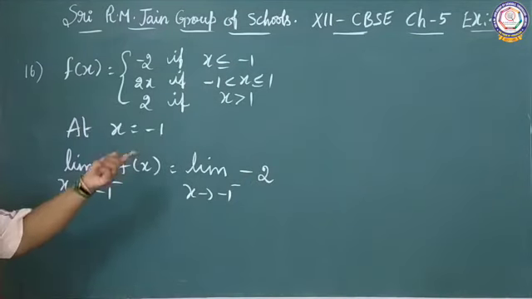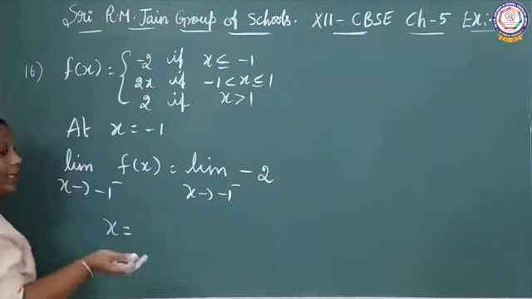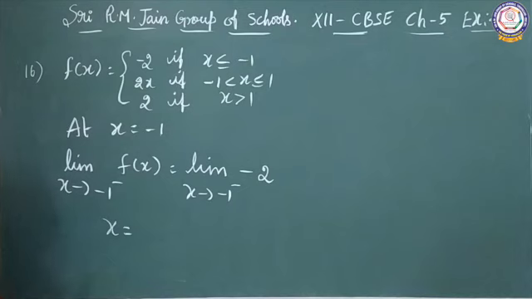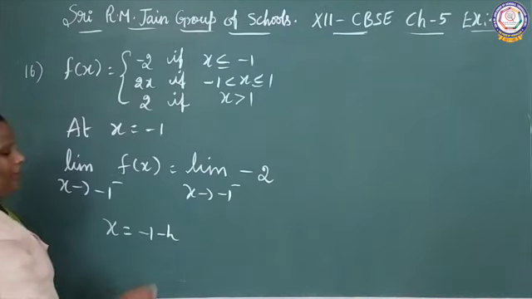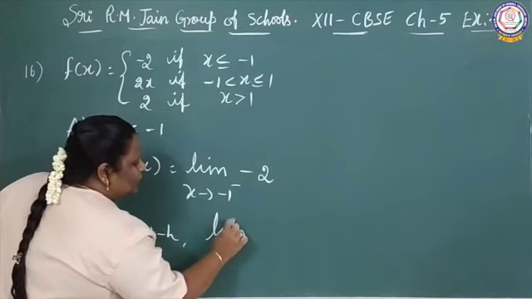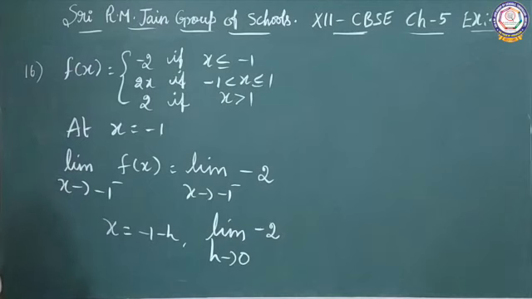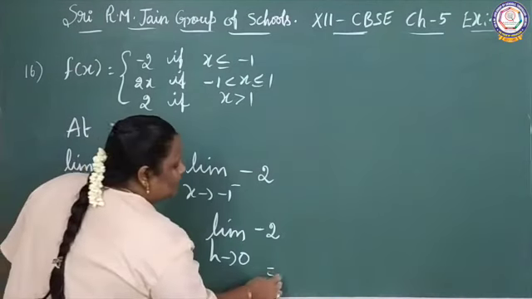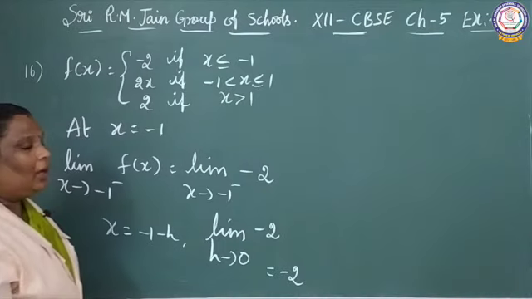There is no x value there, so you write x equal to a minus h, which is minus 1 minus h. So, limit h tends to 0 of minus 2 is minus 2. So the value is equal to minus 2.